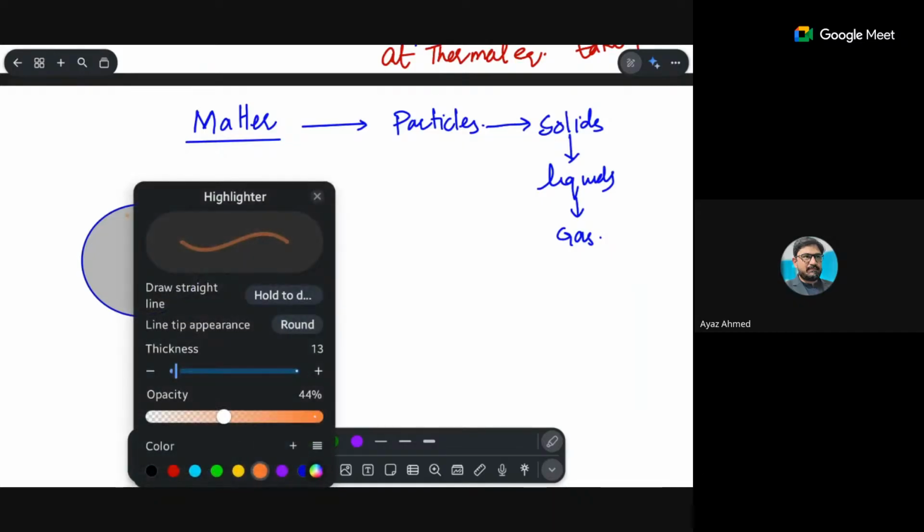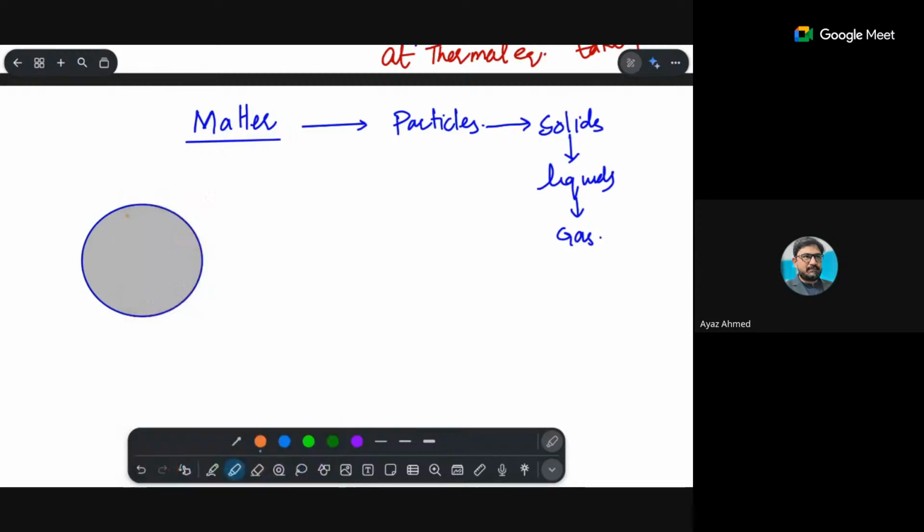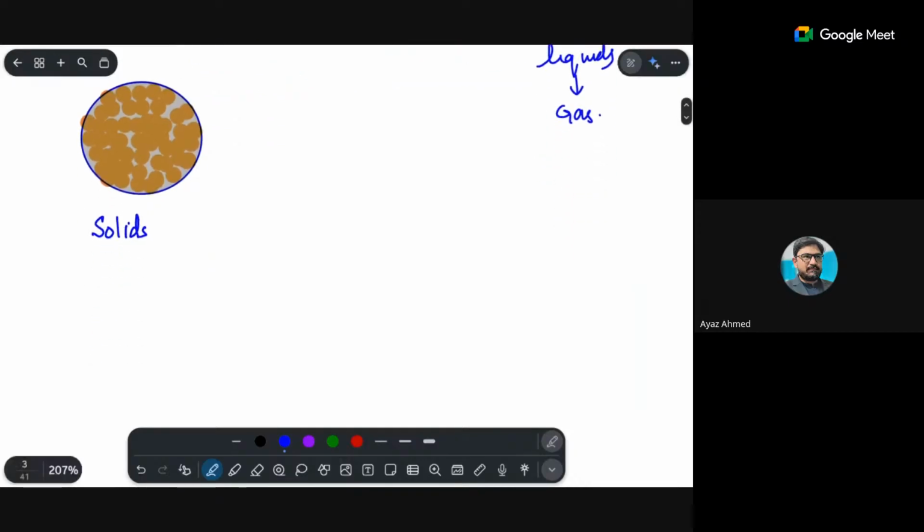In that container there are several solid atoms, closely packed. So what will they do? They will vibrate. There is a regular structure of these atoms, tightly packed, and they don't have the space to move. So in solids, they only vibrate.